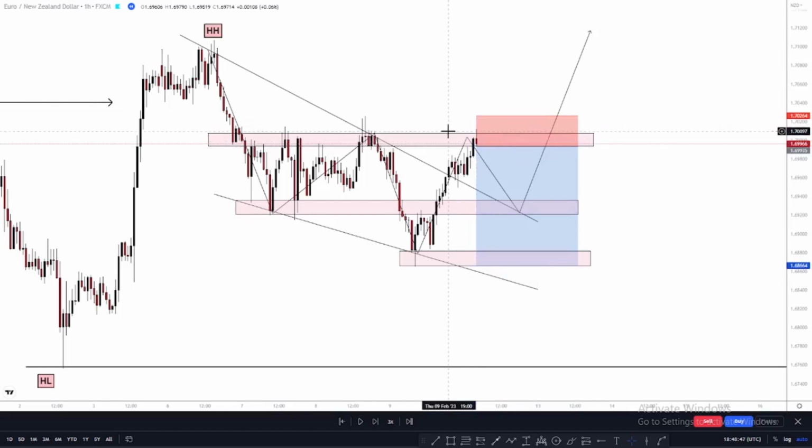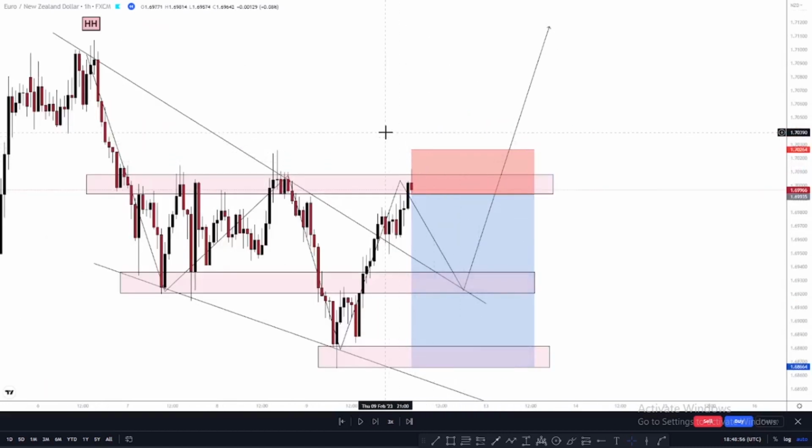What candlestick did price give us after the bullish candlestick got into the zone? We had what? A shooting star candlestick, or an inverse hammer candlestick. But that wasn't enough for me to enter this trade. All I did was wait for price to print a next candle, a second candle.